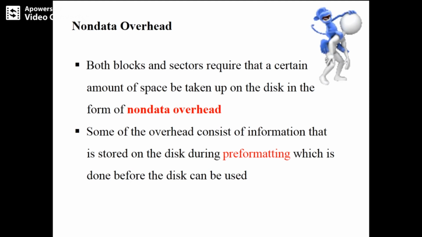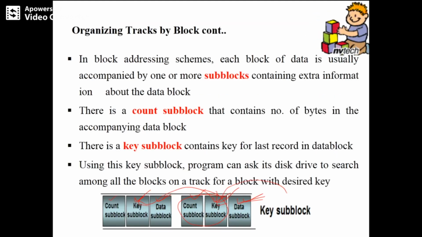This non-data comes because of pre-formatting. Pre-formatting in the sense, if I take the same example, the data subblock holds some particular amount of data, and because of this I need to write the count subblock and where exactly the address is. So I also need to include the key subblock before writing the data subblock.